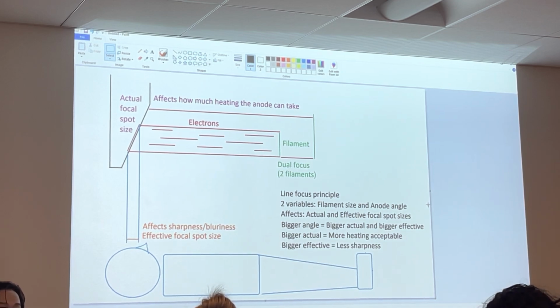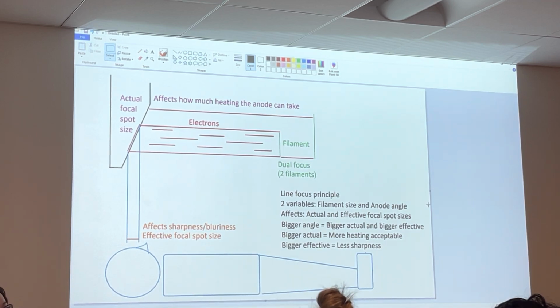If your machine is meant for a low dose, low technique environment, you don't expect to be using over 70 kVp consistently, then you would maybe use a smaller angle because you don't expect as much heating to occur. If it's going to be a tube used for general purposes, doing pelvis and spine and abdomen, then probably aim towards a larger angle and give them more options with the filaments.